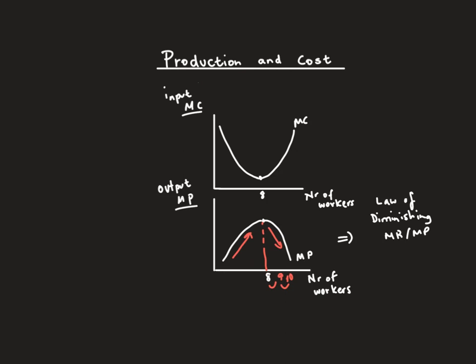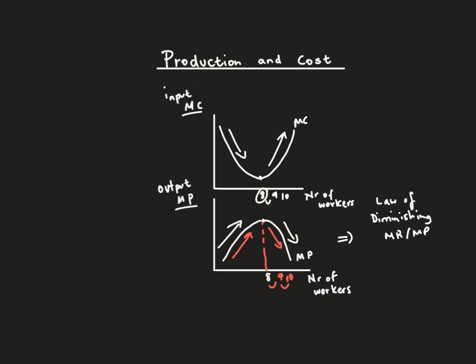And that's the most important thing to understand in this video: when marginal costs are decreasing because we're employing the right amount of staff and they're producing the right amount of output, our marginal product will increase. And then as we employ more than we need, the 9th and the 10th worker, our costs start increasing because we have to pay those people, and our associated marginal product will start decreasing.